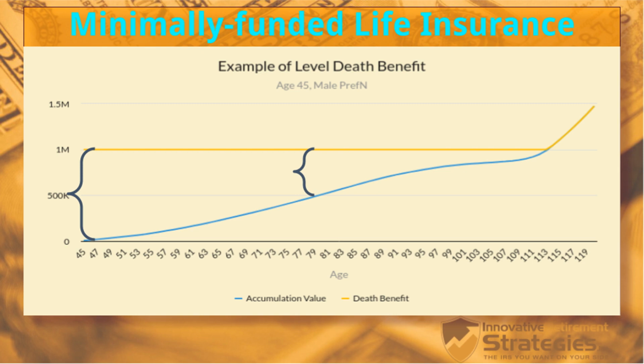So again, even in a minimally funded life insurance policy, the insurance company knows that if they achieve just a worst case rate of growth, there will be more than enough money in that policy to cover the cost of insurance over the lifetime or life expectancy of the insured. So, one more thing that you can take note of here is that the insurance company has an incentive for the cash value to grow as quickly as possible.